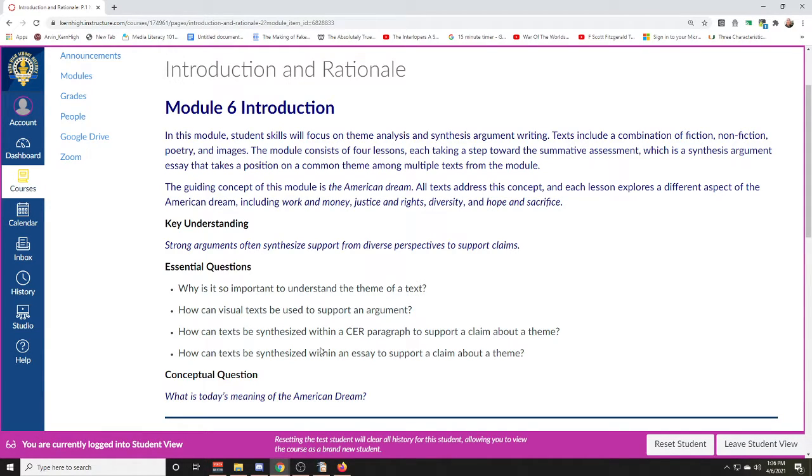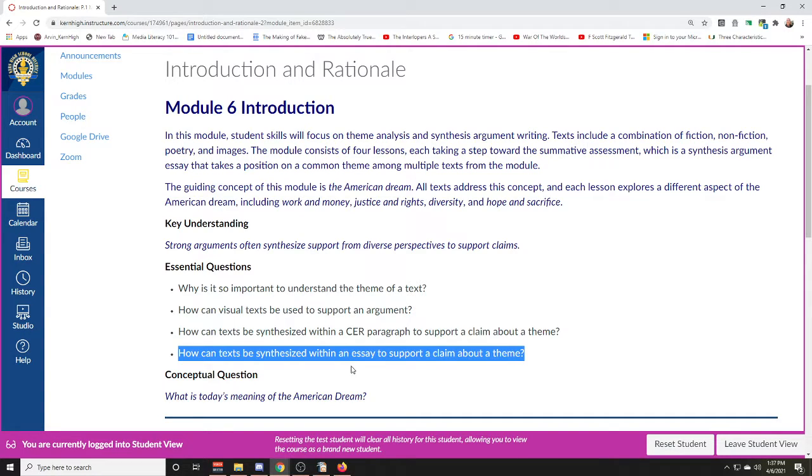How can text be synthesized within a CER paragraph to support a claim about the theme? So this is basic CER stuff, only our claim is the theme of the story, which you'll be able to identify after this week. And then the last essential question asks, how can text be synthesized within an essay to support a claim about the theme?